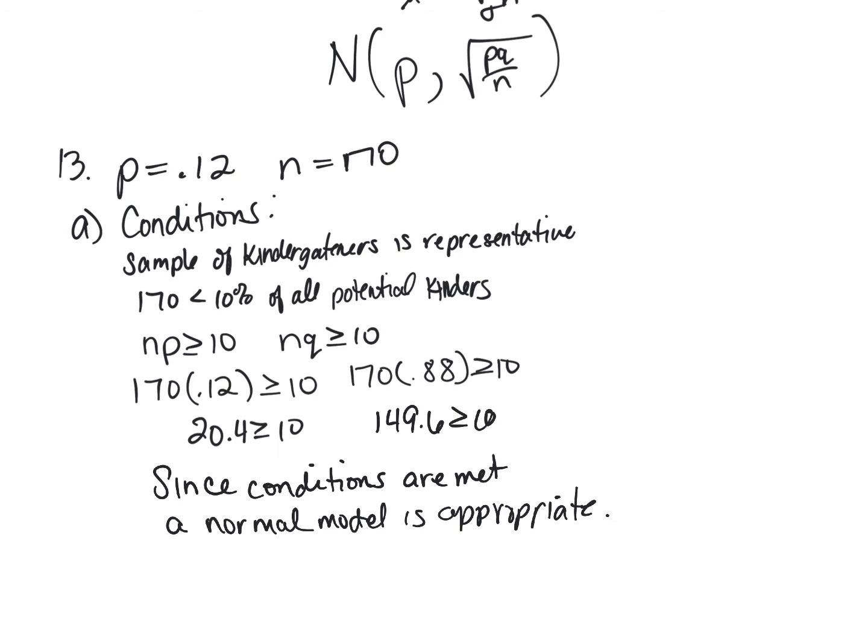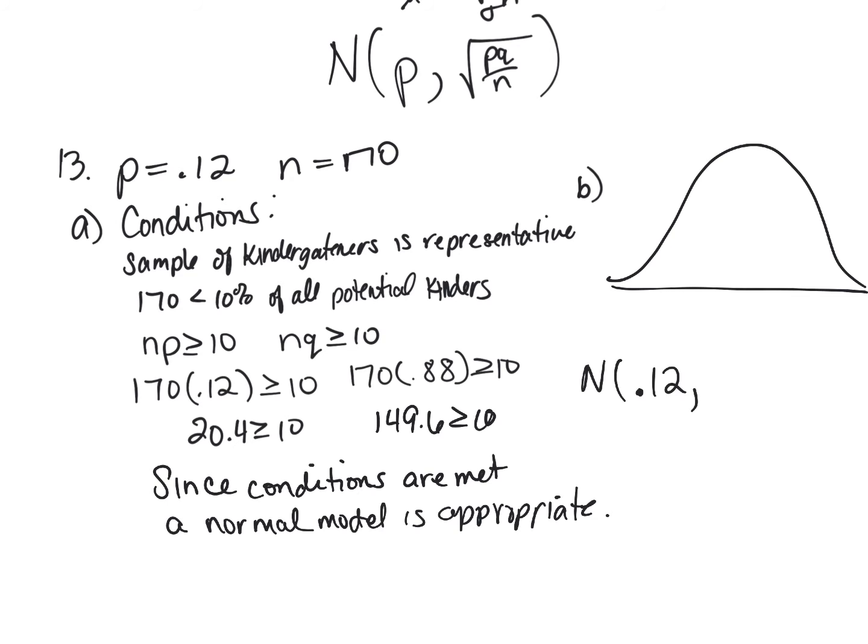Let's look at letter B. Letter B says sketch the normal sampling model. So my model is normal. My mean is 0.12. And my standard deviation is the square root of 0.12 times 0.88 divided by 170, which is 0.025.